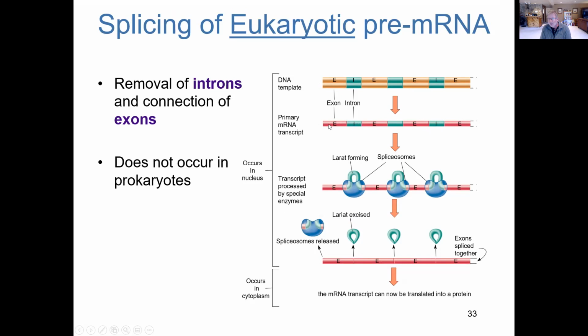This may be 1,000 from beginning to end, while the post-edited, exon-spliced segments might only be 750, for example, or maybe even less than that. And you might be wondering, why are we taking out the intron segments and splicing the exon segments together? That would be another course, where you learn about the significance of that. So I'm not going to get into that right now.